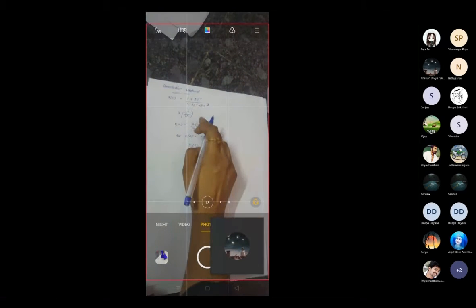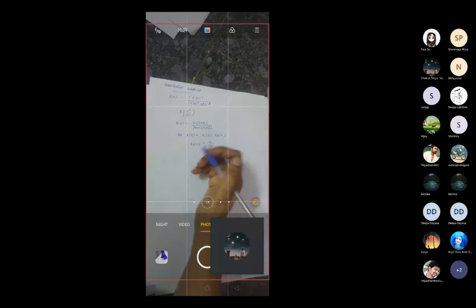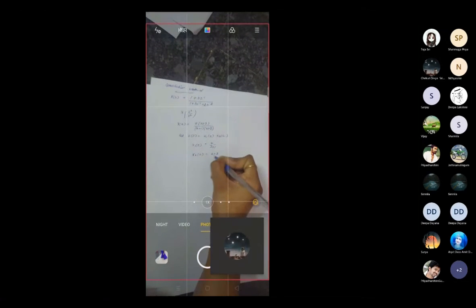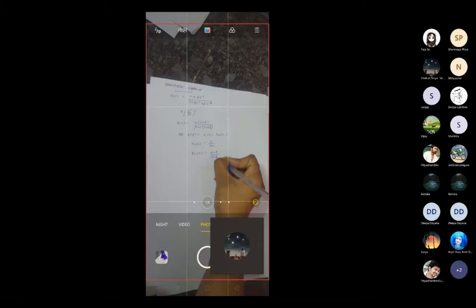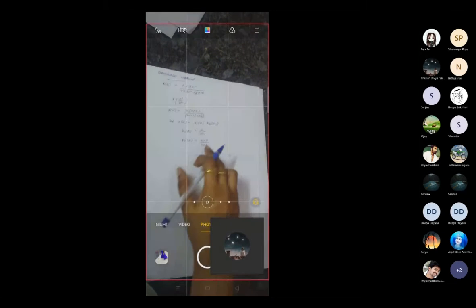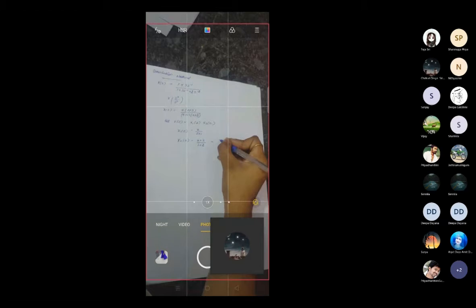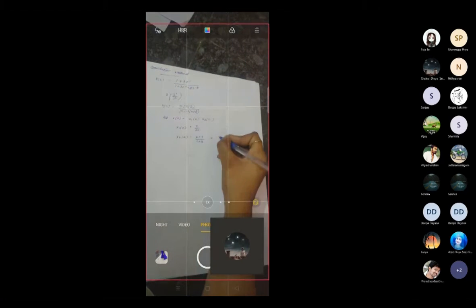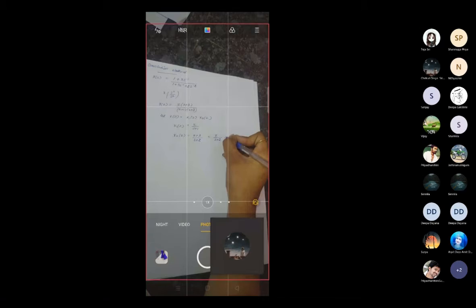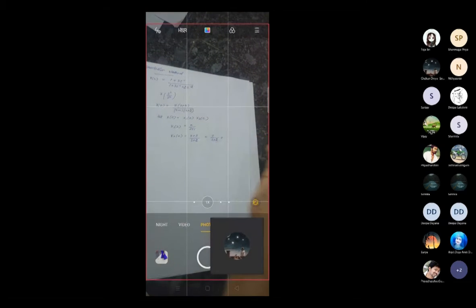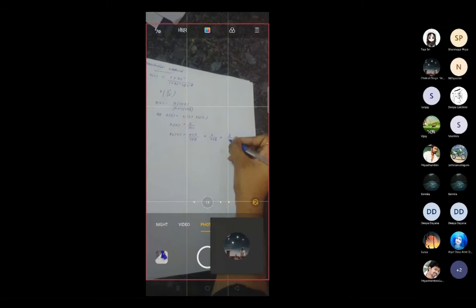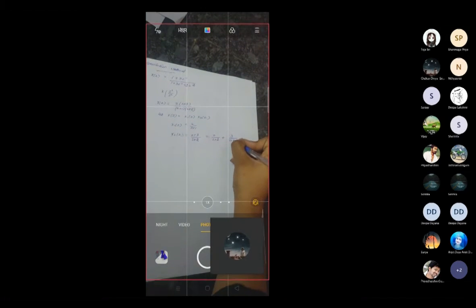The second term is z plus 3 divided by z plus 2. This you can simplify and write as z divided by z plus 2 plus 3 divided by z plus 2.